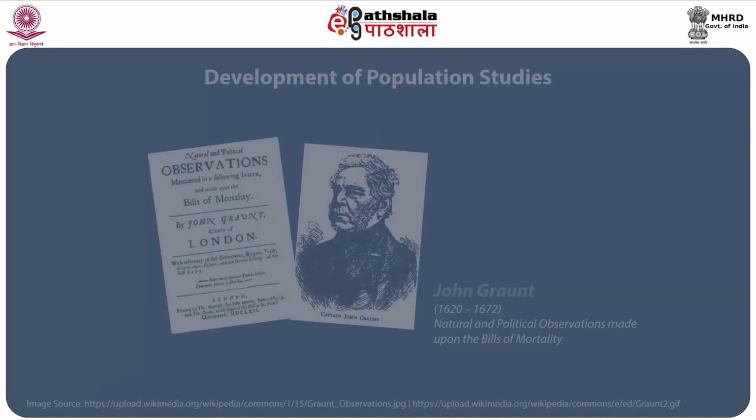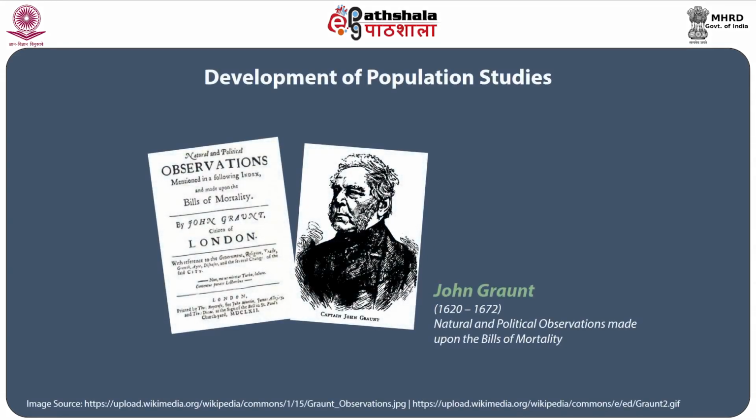The analytical foundation using empirical data of population studies was started by John Graunt during 1620 to 1674 in his paper entitled Natural and Political Observations Made upon the Bills of Mortality, published in London in 1662. He made only brief remarks on fertility and migration.